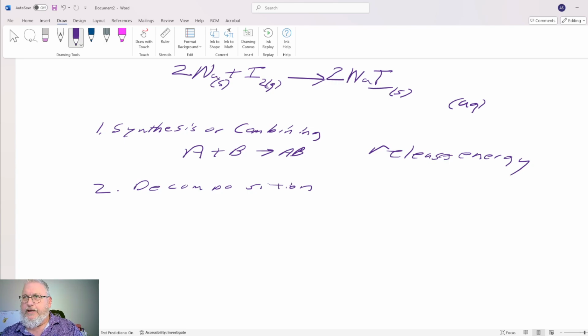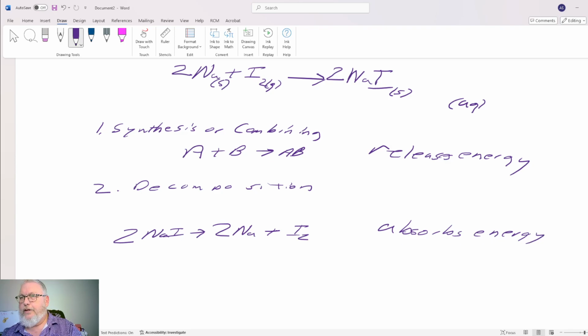So if I have 2 NaI, 2 sodium iodides, and I'm going to decompose it through electrolysis, heat, something. All right, I'm going to have to add some energy into it. So that means I'm going to come up with 2 sodiums plus 1 iodine, like so. And I could put the states in there if I wanted to. But this absorbs energy. It needs energy, it requires energy. Either any of those would get you the points if you have such type of question.